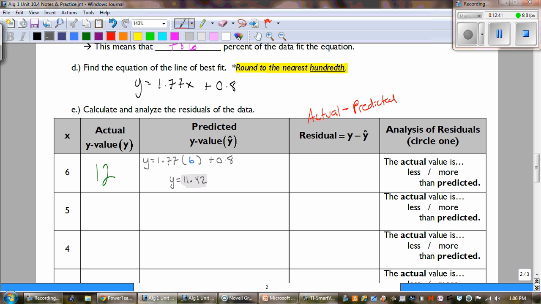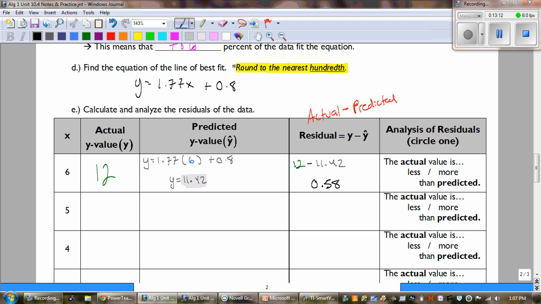So I'm taking 12, which we found before, and subtracting 11.42. And what number do you get? We get the number 0.58.